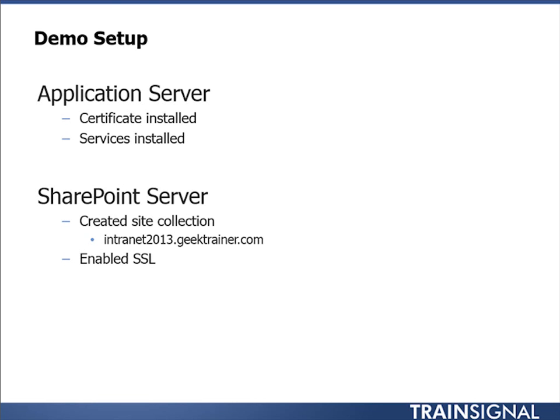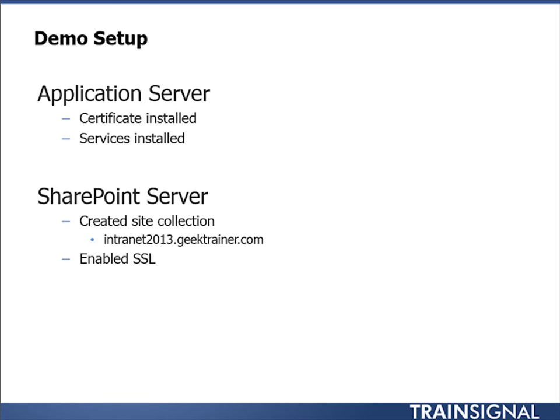One of the big things about the Office Web Apps Server is that the default for communication, which is actually a good thing, is SSL, and it requires SSL from start to finish, from back to front. So I'm going to need SSL enabled on the web application that's going to be using the Office Web Apps, as well as on the Office Web Apps Server, which is why I have the certificates set up.